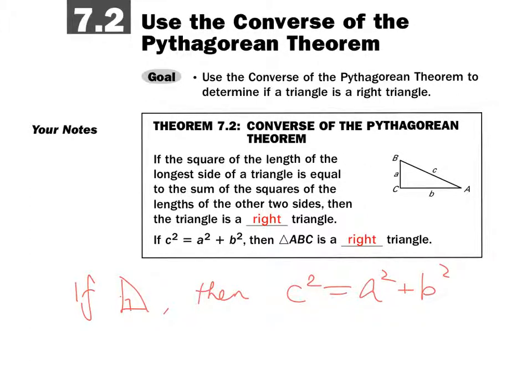Now the converse would be, if I find out that the longest side squared equals the sum of the two shorter sides squared, then I must have a right angle.